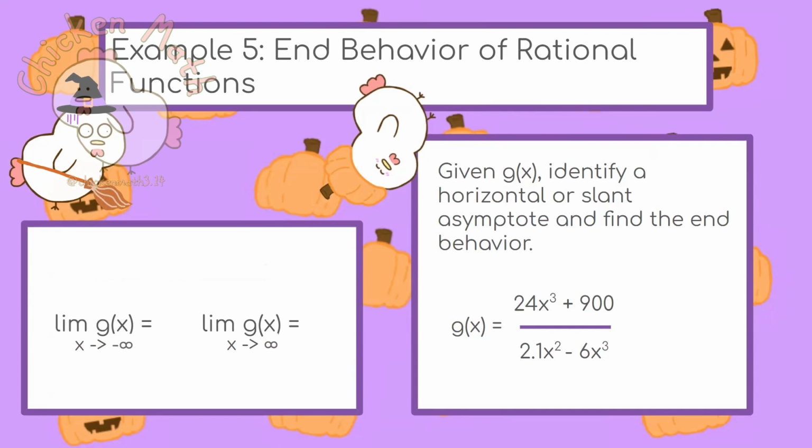So because they're the same, we can just divide the coefficients of the top and bottom. So we see 24 on the top, negative 6 on the bottom. It's important that it's negative. So we do 24 divided by negative 6, which is negative 4. So when we go to the left, to the negative side, it goes to negative 4. When we go to the right, it also goes to negative 4. So our horizontal asymptote is y equals negative 4.